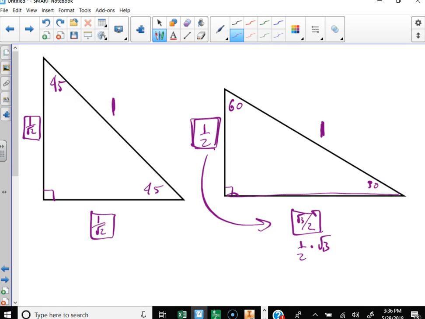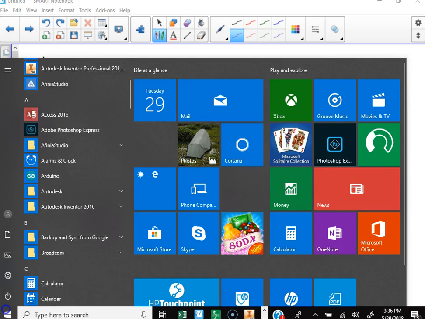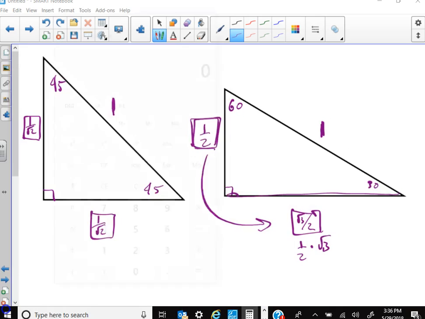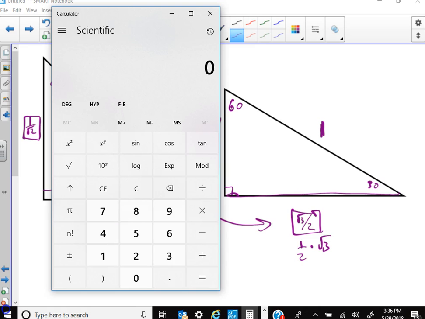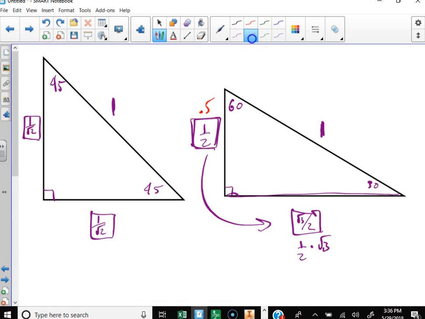Let's figure out what these are real quick in terms of decimals. Obviously a half is 0.5. That's no big deal.